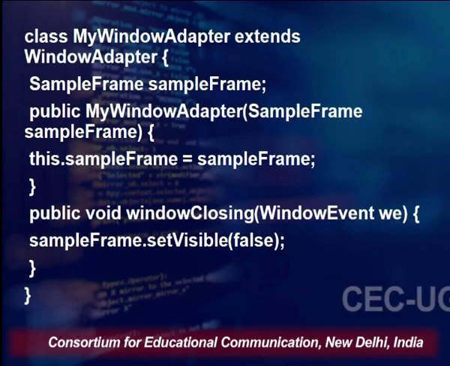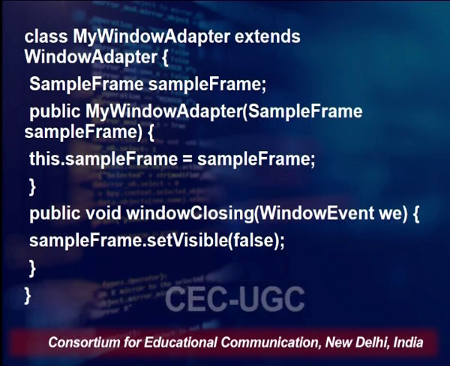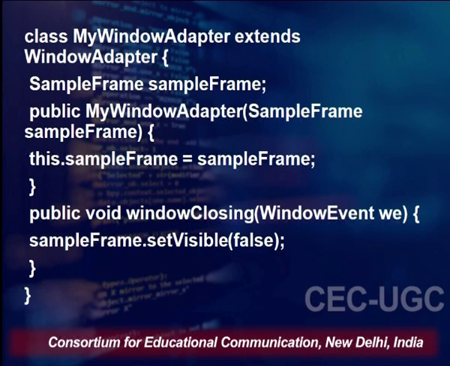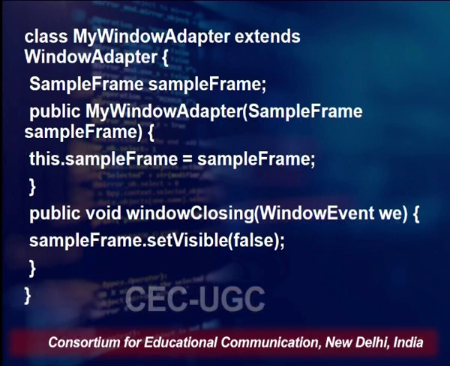So, SampleFrame and then an object of SampleFrame. You can notice the difference between the two as far as case is concerned. Then there is a public constructor of this MyWindowAdapter.